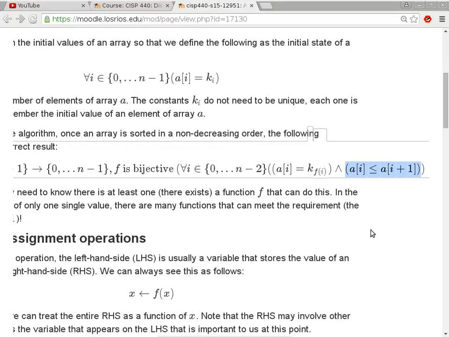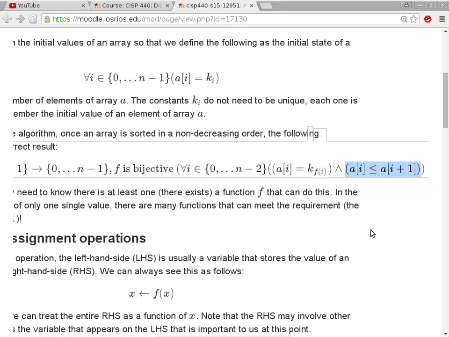So let's start with that. This is the input of the sorting algorithm. They are all the same value. And obviously the output should be that. But what I'm stating here is I have to find a function f to map k0, k1, k2 to a bracket 0, a bracket 1, and a bracket 2 as the output of the algorithm. It only has to exist, right? So in this case, I have quite a few choices to pick.